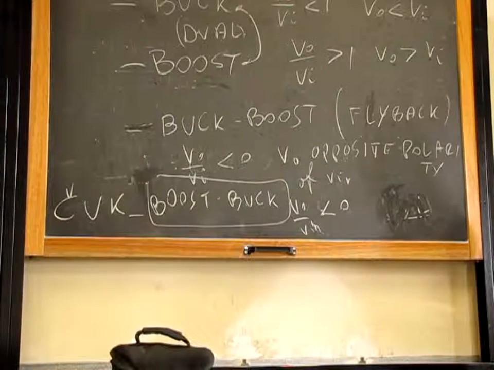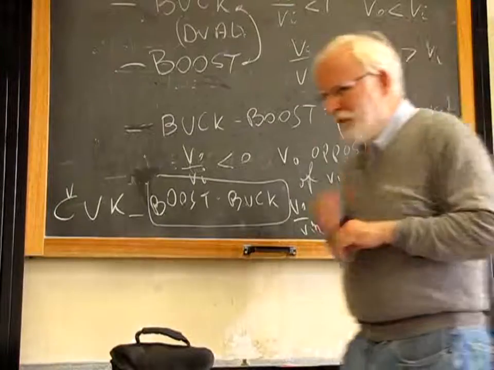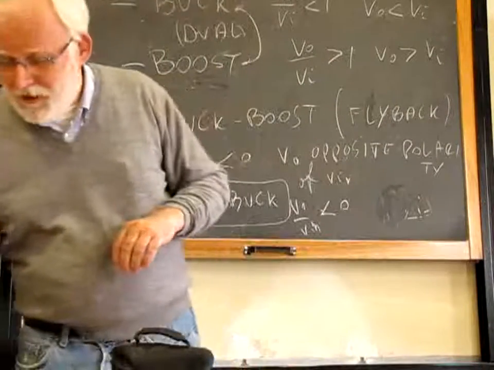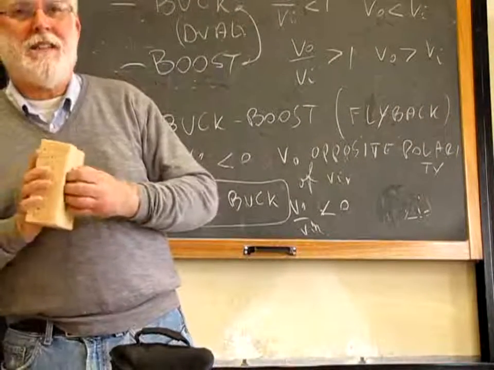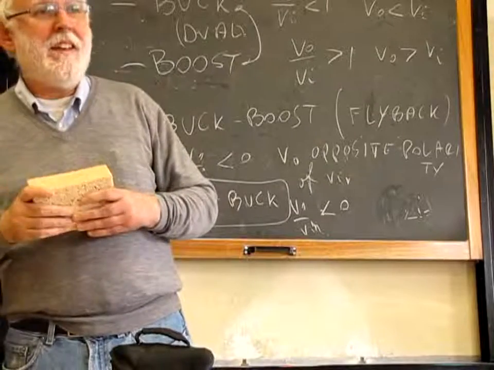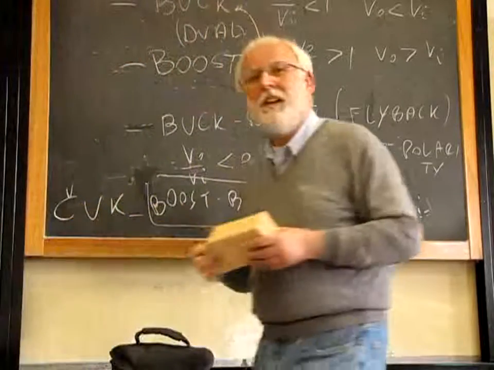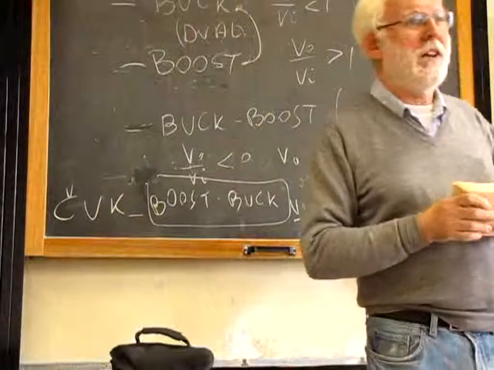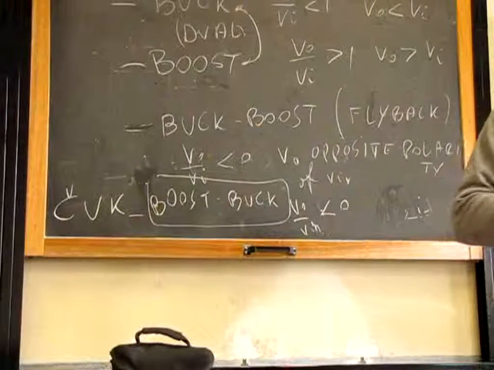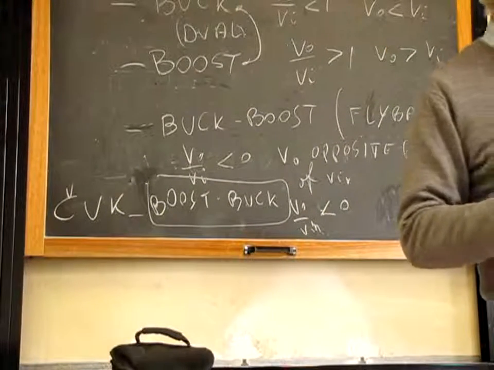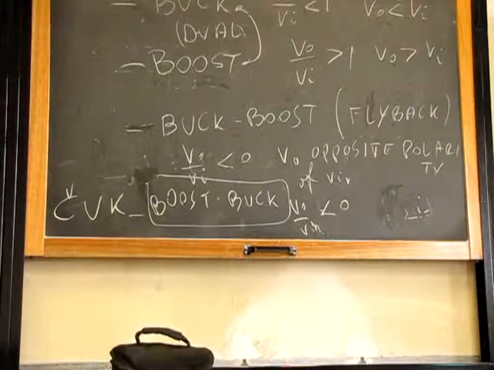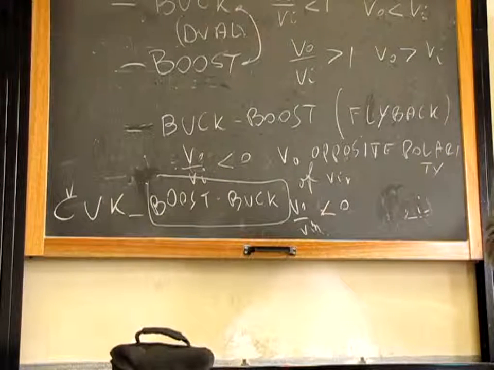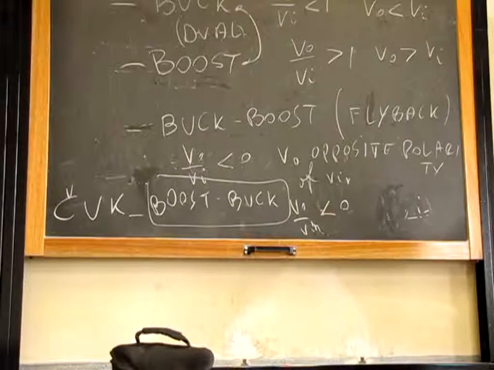Actually, he has retired a few years ago. Cuk was a professor at Caltech, and when he started his company and saw that it was going well, he resigned from his Caltech position and worked full time in the company, because he told me, I make more money with my company than teaching at the museum.